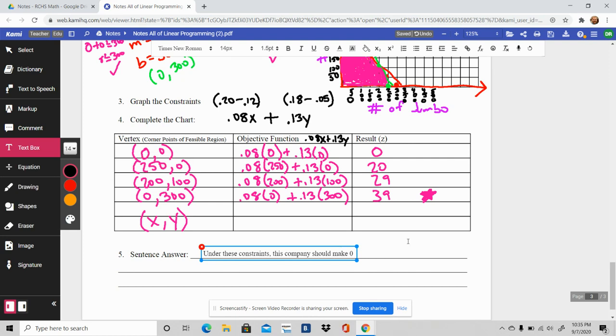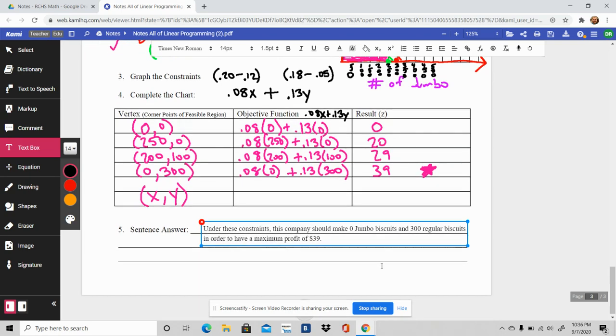Remember, x stood for your jumbo biscuits. So they should make 0 jumbo biscuits. And y was 300, which means that they should make 300 regular biscuits in order to have a maximum profit of $39. All right, and that is it.